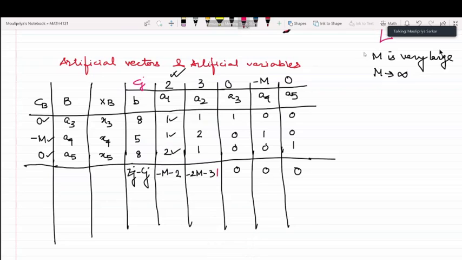A2. How to calculate the departing vector? We would be calculating the minimum positive ratio among 8 by 1, 5 by 1, and 8 by 2.